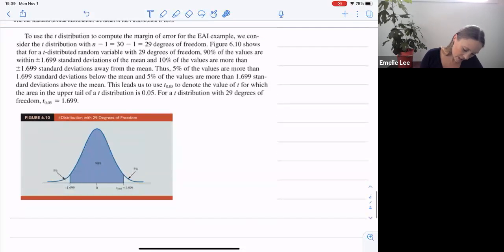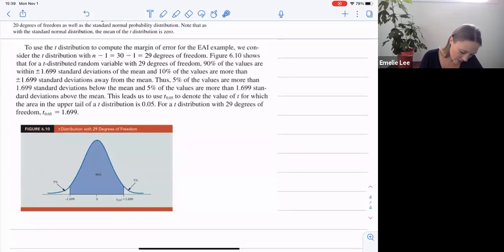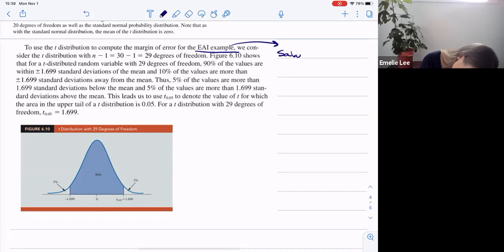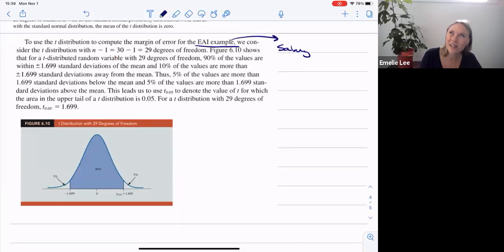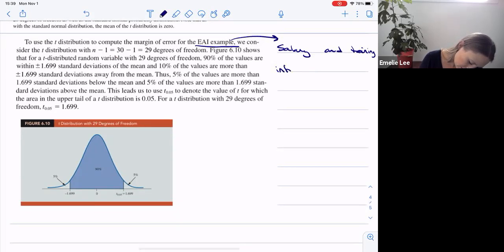So what we found was we had a sample. Hey, I thought we had a sample of size 50, but I guess not. It's 30. All right, that's fine. So we had the salary and training information on 30 out of 2,500 employees.